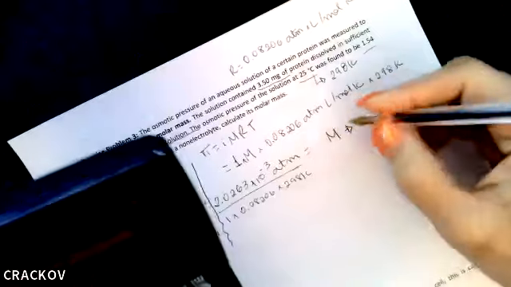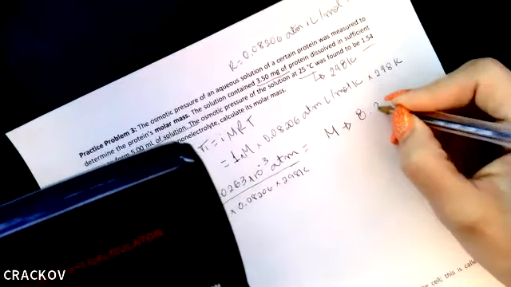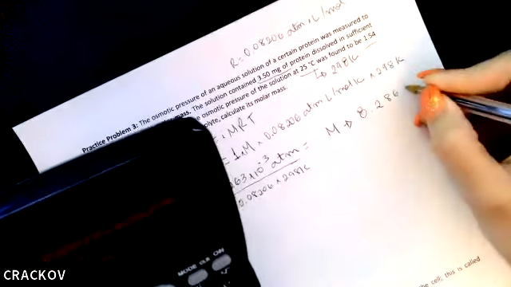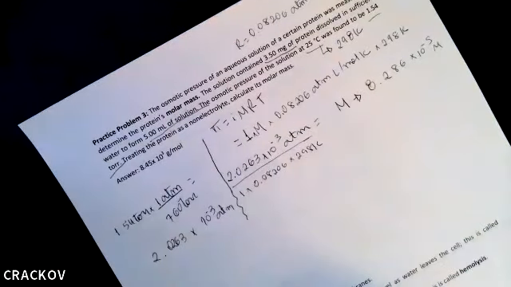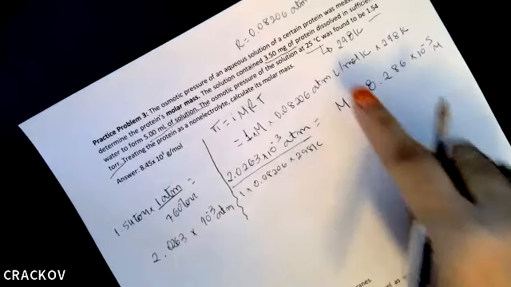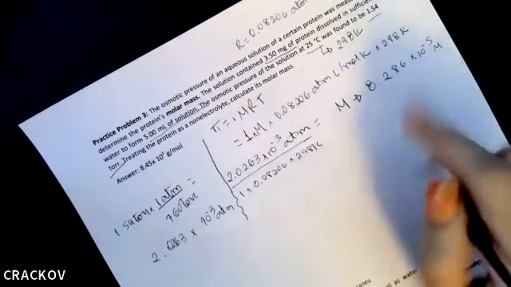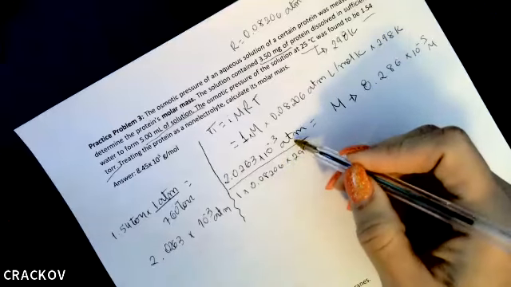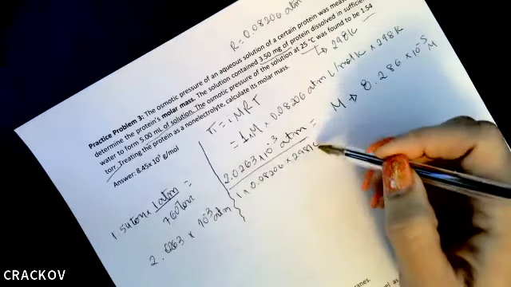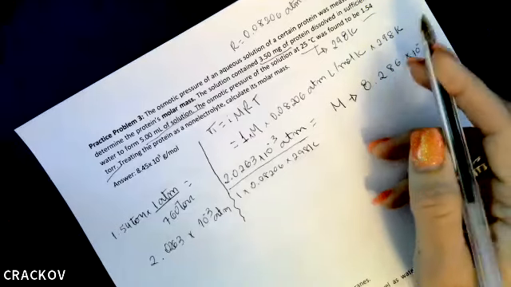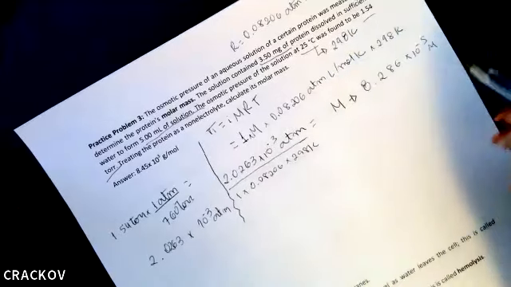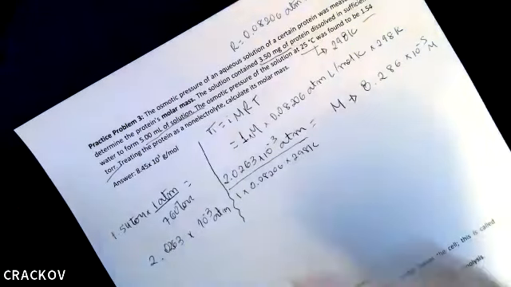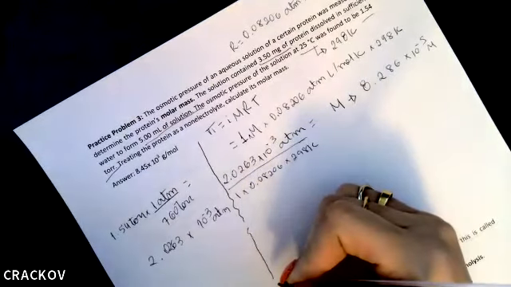So your molarity is going to be 8.206 times 10 to the minus 5 molar. When you cancel out everything, atm with atm, Kelvin with Kelvin, the only units left will be mole and liter, right? That's molarity.